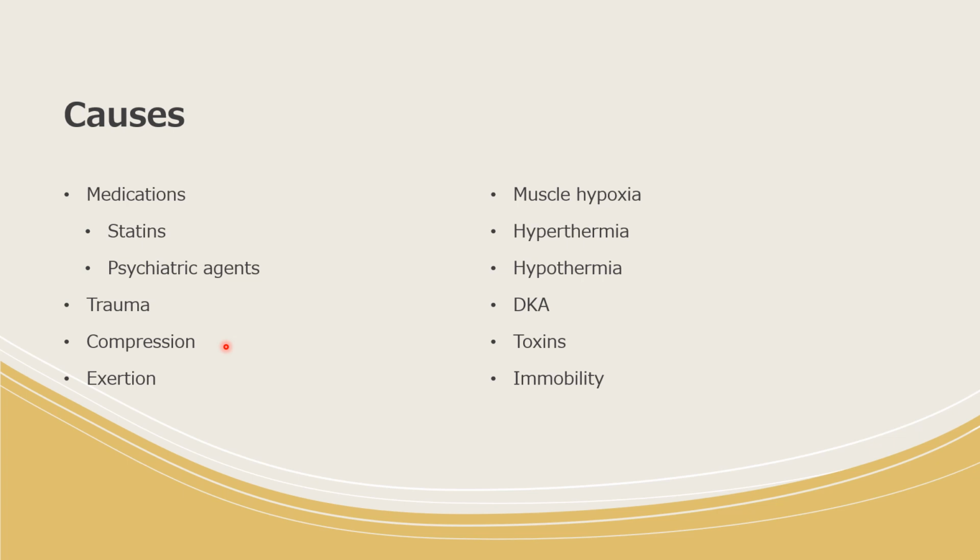Increased exertion, so triathletes, ultramarathon runners, and bodybuilders who aren't prepared can cause muscle damage and muscle breakdown. Muscle hypoxia, hyperthermia, as well as hypothermia from increased shivering, DKA, some toxins, as well as immobility can all result in rhabdomyolysis.